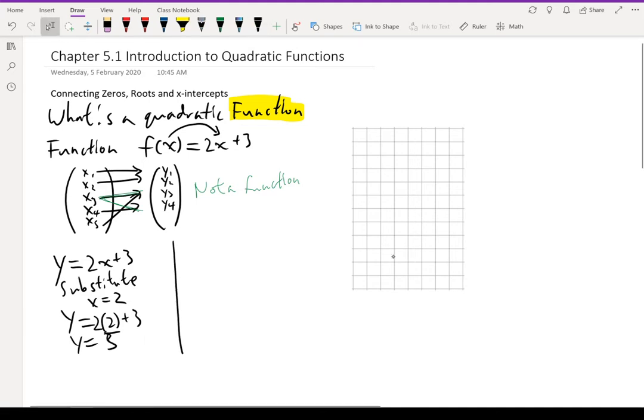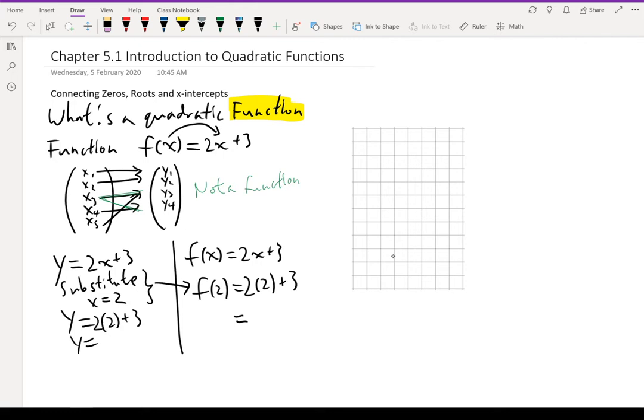In function notation, we write f of x equals 2x plus 3, and instead of writing this, we substitute x equals 2: f of 2 equals 2 times 2 plus 3. That's 4 plus 3, which is 7. So that is the meaning of function.